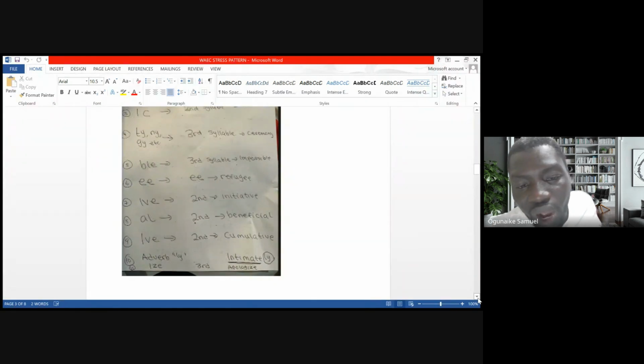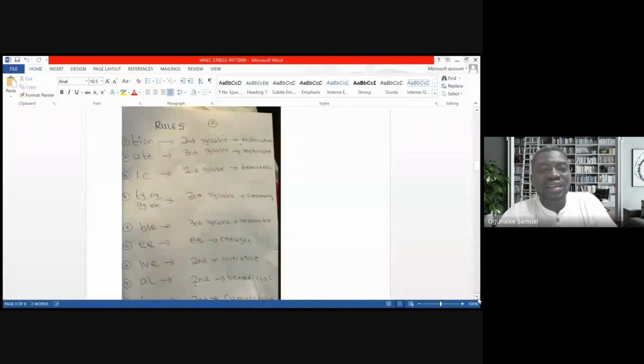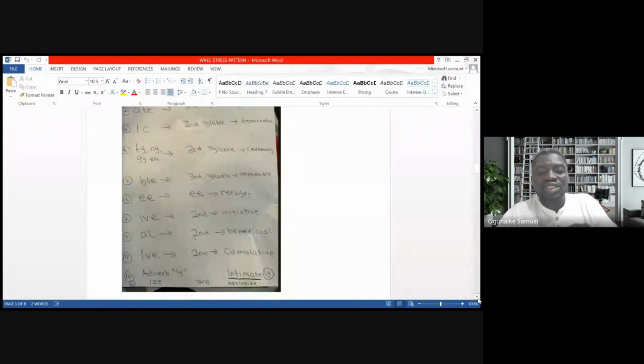So if ly is an adverb, you pretend the ly is not part of the word and focus on the normal rule. If you take off ly, you have intimate, and that is ate. We've given you the rule about ate: you stress the third syllable, which is in, and that is what you're still going to stress.